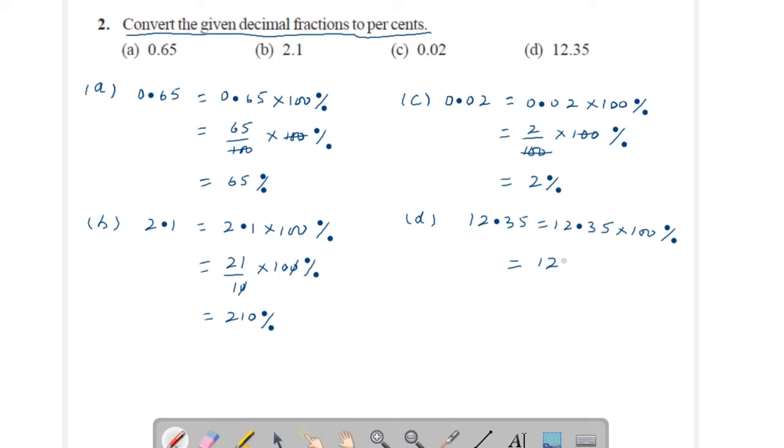We will get 1235 upon 100 into 100%. We can cancel 100 by 100. We will get 1235%.